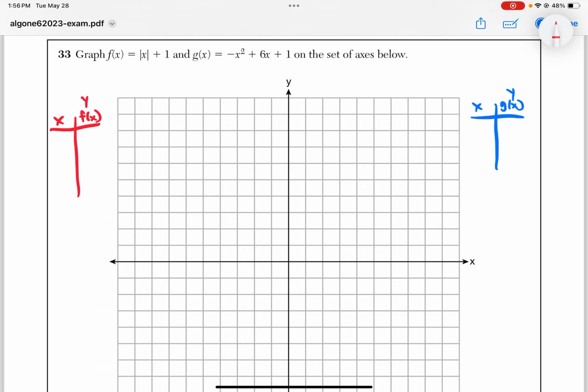So I put these in my graphing calculator in the y equals. So we have absolute value of x plus 1. Check out its table. Try that again.